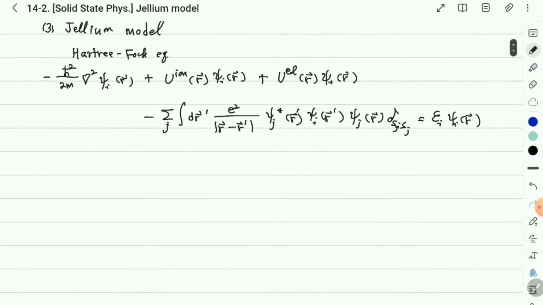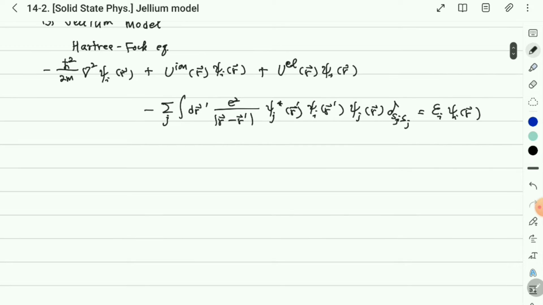To solve this Hartree-Fock equation, the Jellium model makes assumptions. The first assumption is that electrons and ions are uniformly distributed.